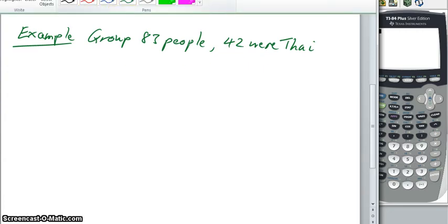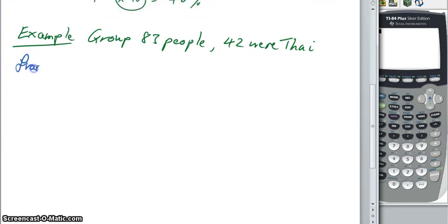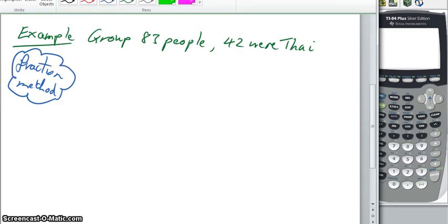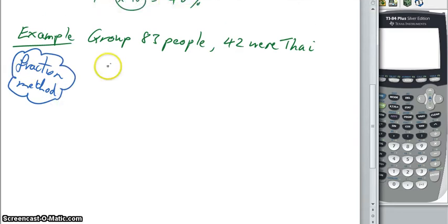If we use the fraction idea in this case, we look at our question and ask what fraction we can write. Well, it's 42 out of 83.